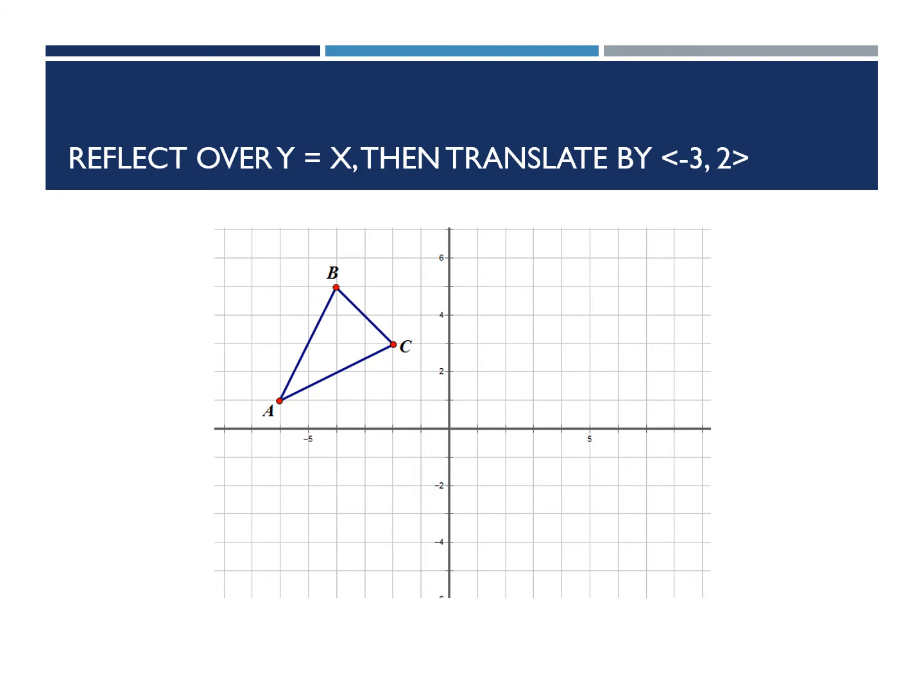Now I want to reflect over the line y equals x. That has a y-intercept of 0 and a slope of 1. So here is that line. Remember that the line of reflection is the perpendicular bisector between A and A prime.